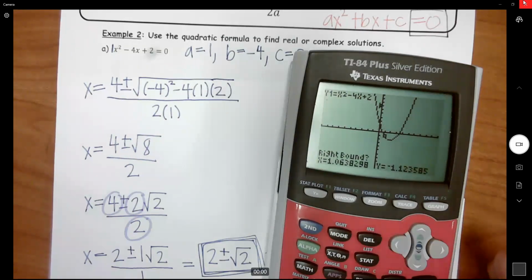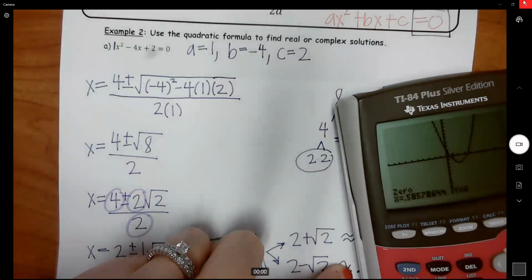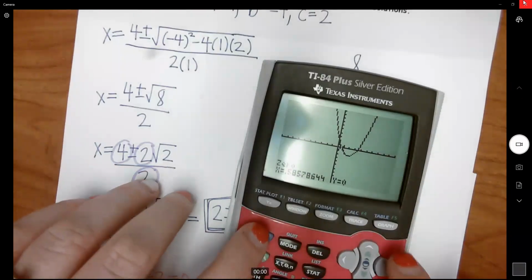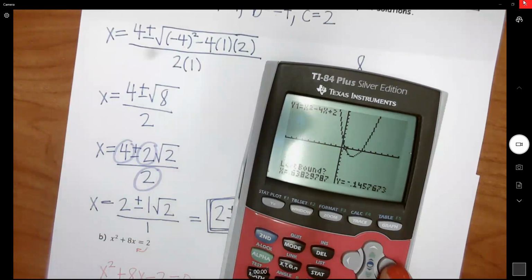And now I need to go to the right bound, and I'll hit enter again. And I get that 0.59 number that we got earlier. If I do the same thing again, go second calc, get that 0. Once left bound, I'm definitely on the left. I'm going to go a little bit closer, maybe right here. Now it wants the right. I'm going to come up here, hit enter again.